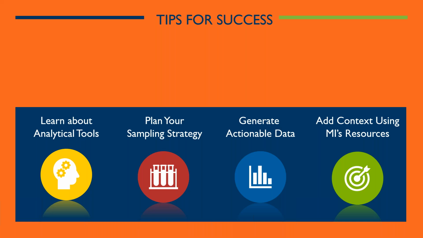So overall, our main tips for success are to learn about the analytical tools and determine which assay is best for your site, which questions you are trying to answer at your site, and then based on that, plan your sampling strategy. And as we've already seen, the sampling strategy is directly tied to the actionable data that comes from that.